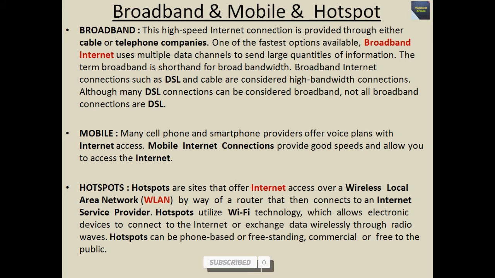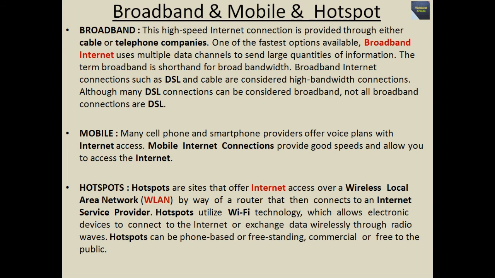Next one, mobile. Many cell phone and smartphone providers offer voice plans with internet access. Mobile internet connections provide good speeds and allow you to access the internet. Next connectivity, hotspots. Hotspots are sites that offer internet access over a wireless local area network by way of a router that then connects to an internet service provider.